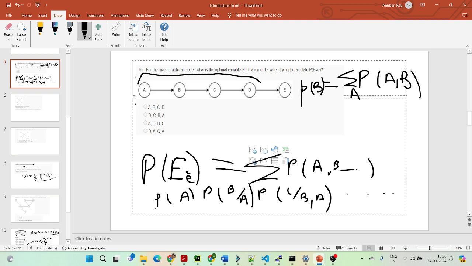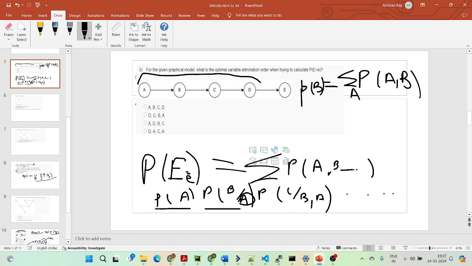If you get A as a given quantity, the P of A value has to be known. Then you can marginalize with respect to B, then with respect to C, and so on up to D, then you get the value of E. So this is the idea.